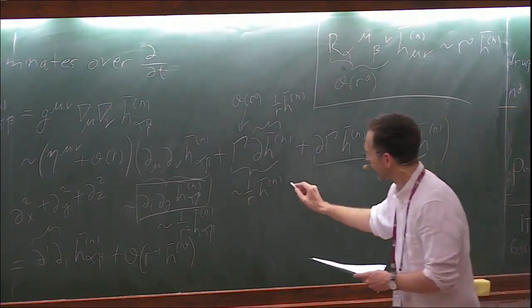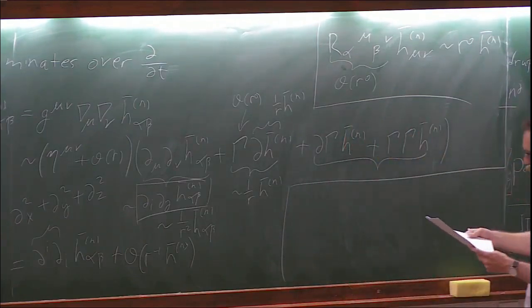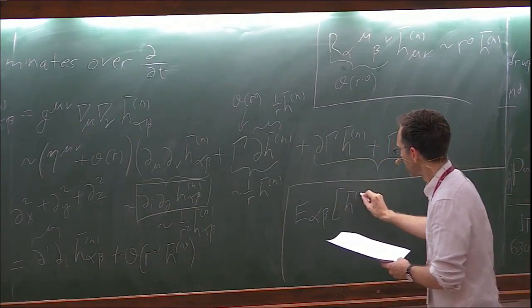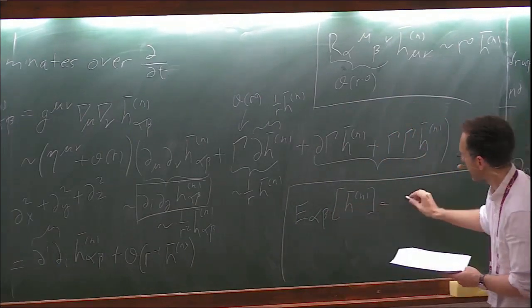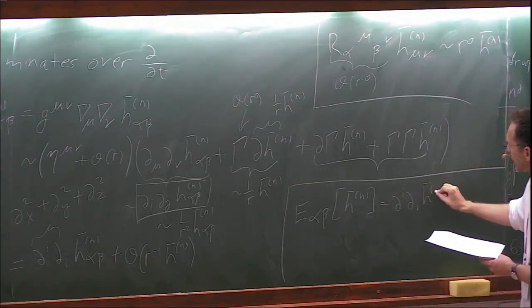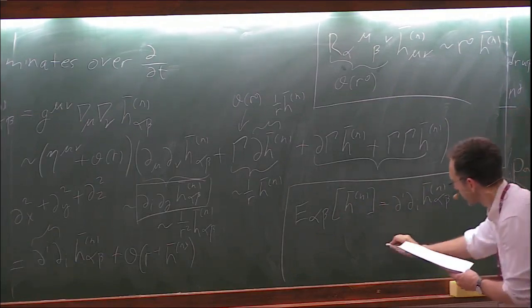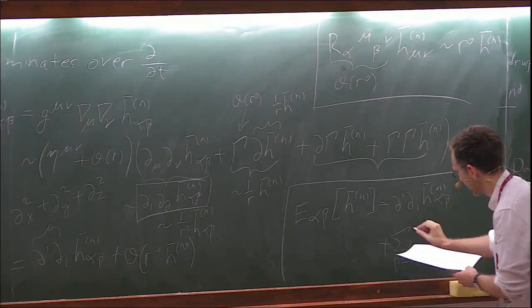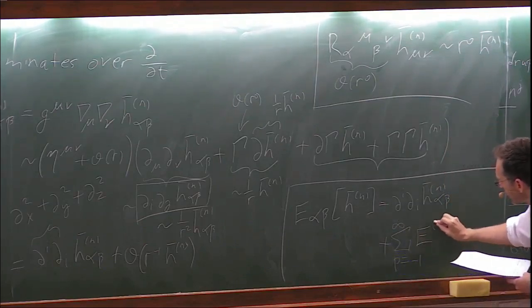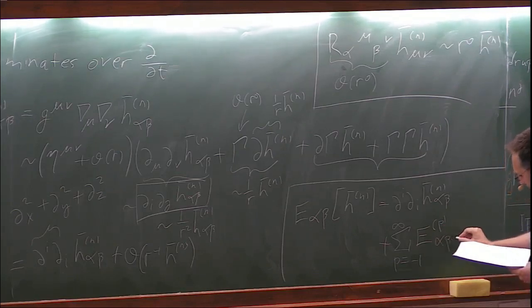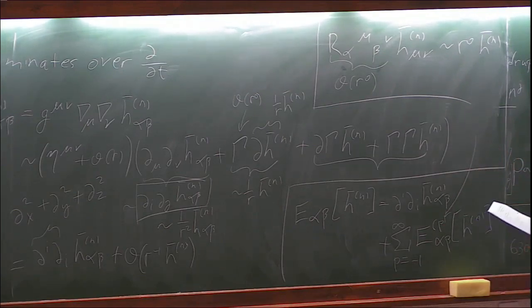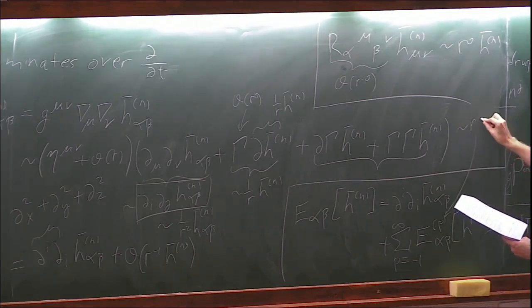So that means that those equations over there, or that operator E alpha beta acting on h bar n, can be written as the flat space Laplacian acting on h bar n plus a sum of higher order terms, higher order in powers of r, which I'll write as E superscript P alpha beta of h bar n, where this operator E superscript P is always of order r to the p times h bar n.